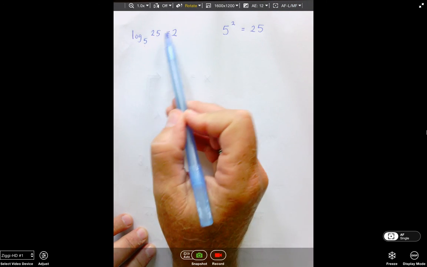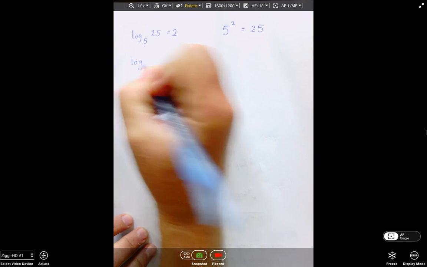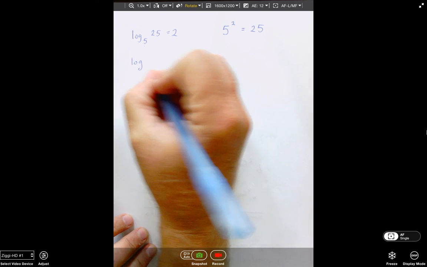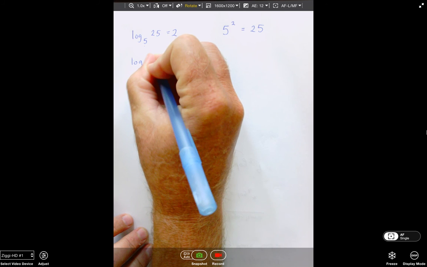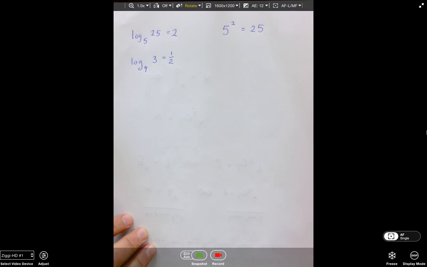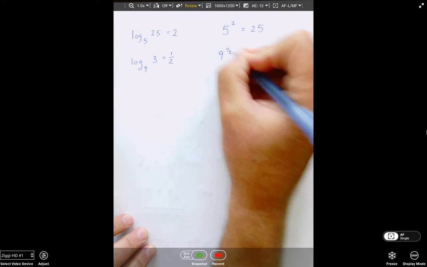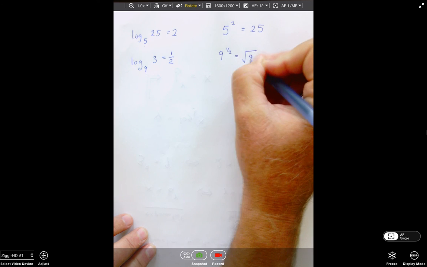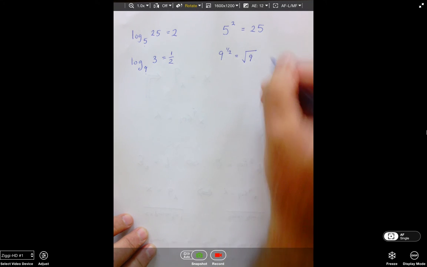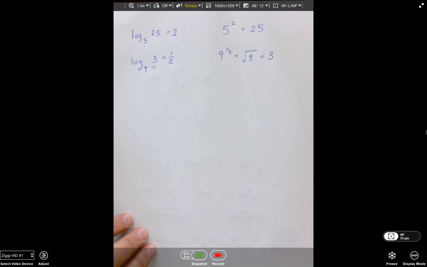Base raised to the power equals this. I know that log base 9 of 3 is equal to 1/2 because 9 raised to the 1/2 power, which is the square root of 9, is equal to that value.